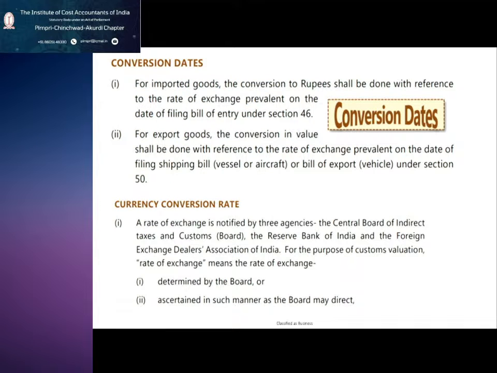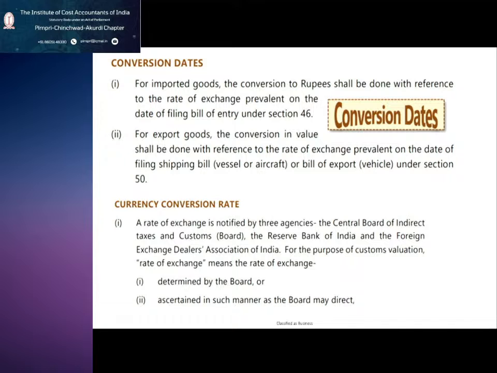In the problems again we will see which date we need to consider. And for the currency conversion rate, there we will be seeing multiple exchange rates. So which exchange rate we need to consider while calculating our duty amount. What exchange rates do we generally see? The rate of exchange notified by three agencies: Central Board of Indirect Taxes and Customs, RBI, the Reserve Bank of India, and the Foreign Exchange Dealers Association of India.